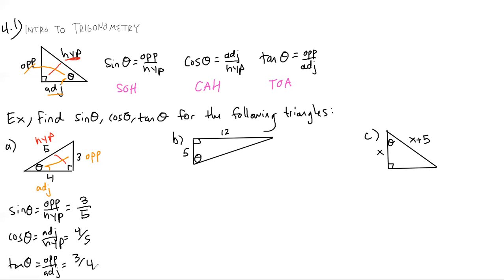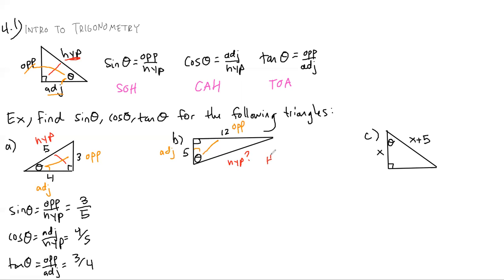For B, you'll notice that I don't have the hypotenuse figured out here. I do have my opposite and my adjacent, but we haven't got the hypotenuse. However, we can find the hypotenuse, right? It's a right angle triangle, so we get to use the Pythagorean theorem.